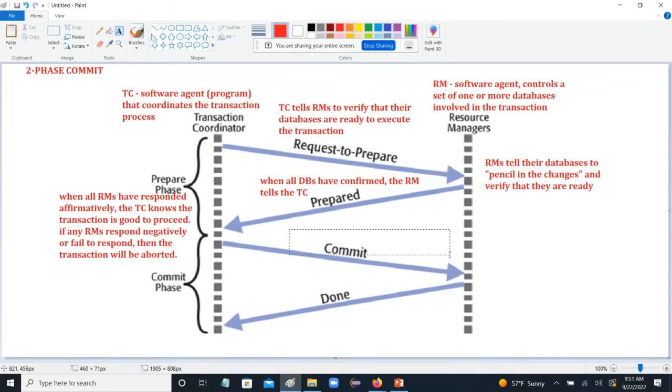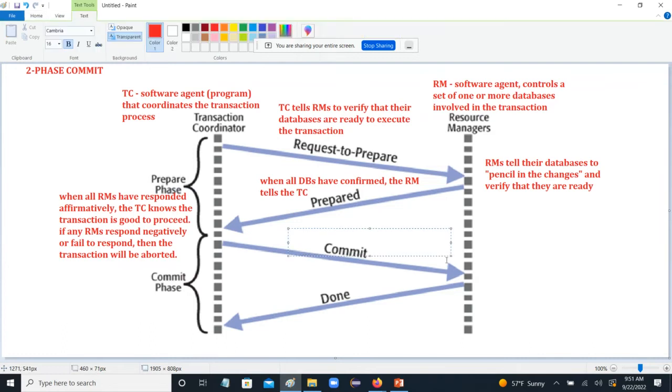But if everybody responds back, the TC tells all the RMs to make the database changes permanent. Okay, because the transaction coordinator has heard back and everybody's ready to go. So the transaction coordinator says, yep, go, let's do it.